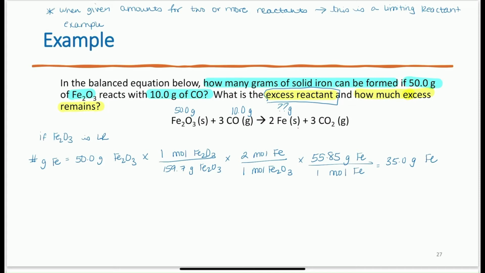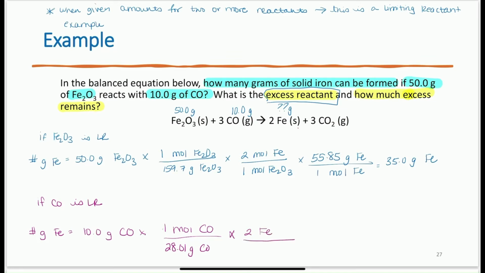I'm going to do the same exact thing for carbon monoxide. If carbon monoxide is my limiting reactant, how many grams of iron could I produce, starting with 10 grams of carbon monoxide? Convert that to moles. 1 mole of carbon monoxide is 28.01 grams. Convert that to moles of iron.